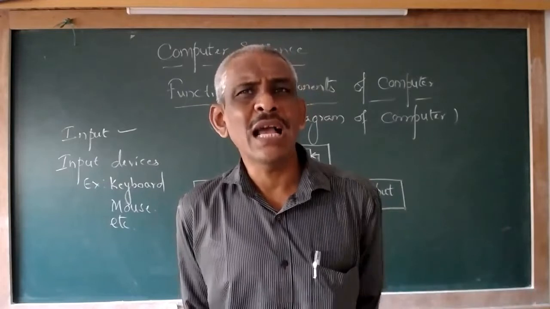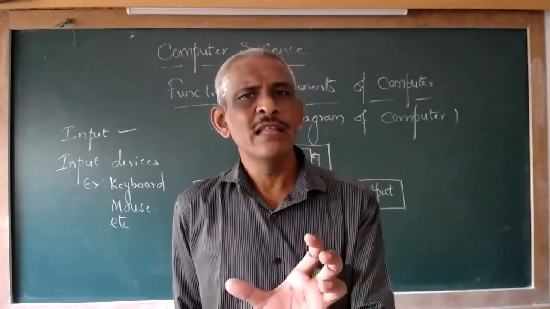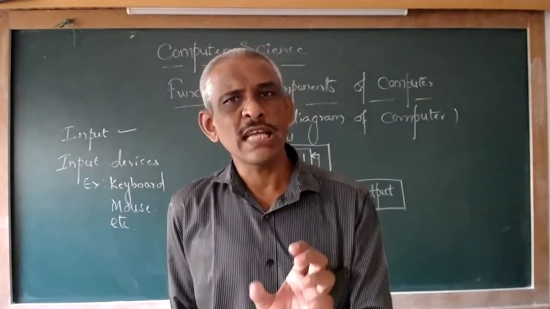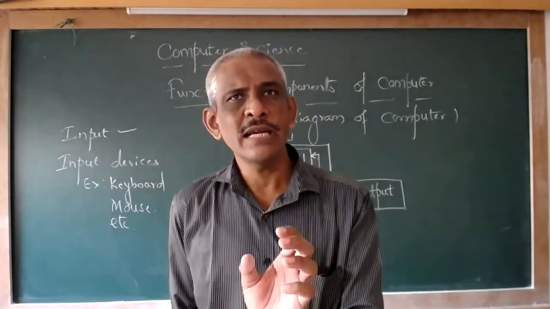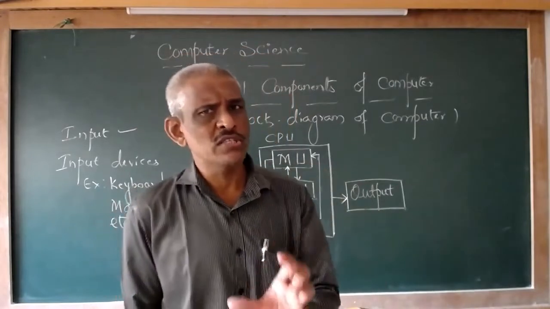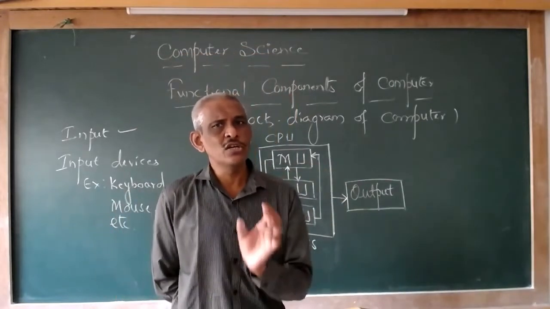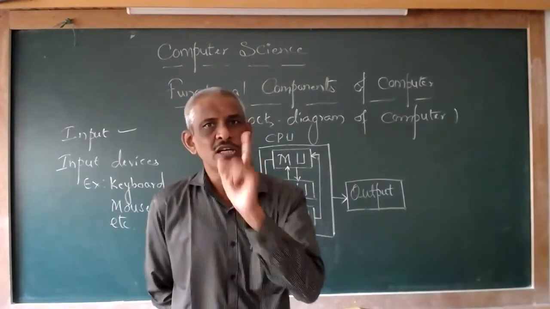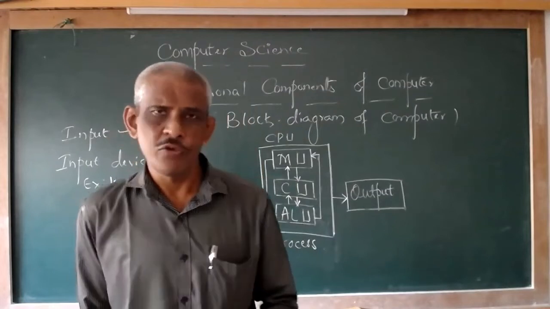The computer's every task, who controls it? That is the control unit. The control unit controls and coordinates the functions of the computer. Each and every operation or function will be controlled and coordinated by a unit called the control unit. That is CU.